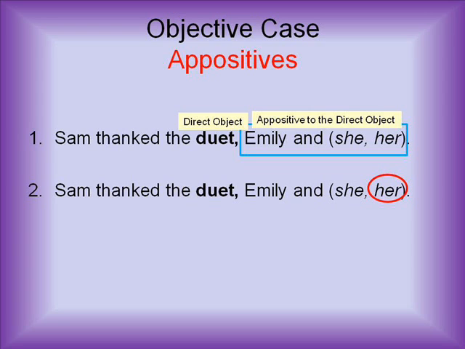Well, since they're the appositive to the direct object, they have to be in the same case as the direct object. So they have to be in the objective case. When we look on our chart under objective case, we don't see she, we see her. And therefore the correct sentence is Sam thanked the duet, Emily and her.